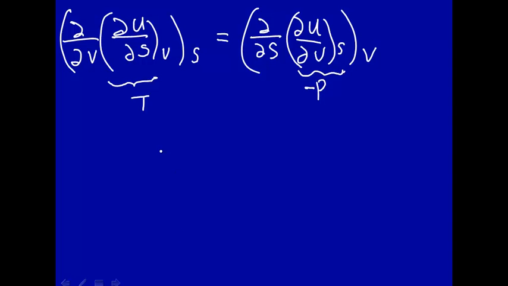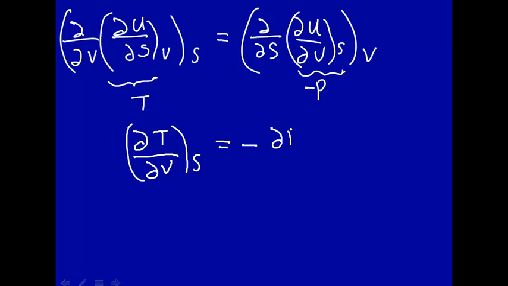All right, so what Maxwell realized: how temperature changes with volume at constant S. We just substitute in this expression for temperature, so we're taking the derivative of temperature with respect to volume. That is equal to, put that minus sign out there, how pressure changes with entropy at constant volume.